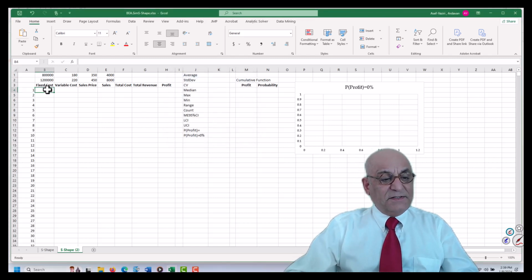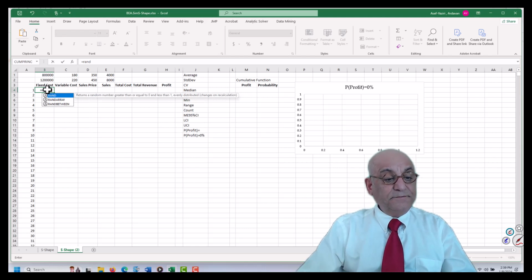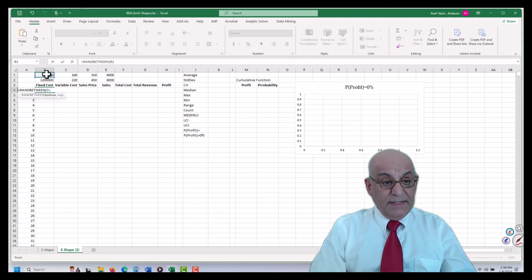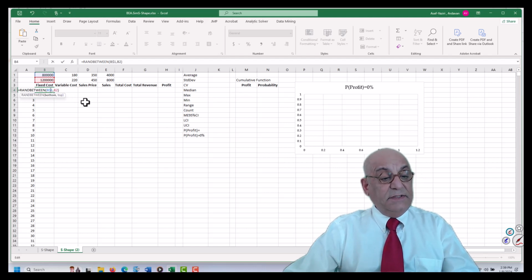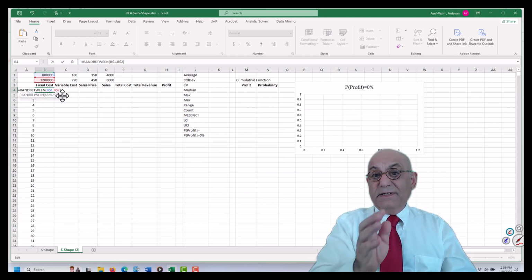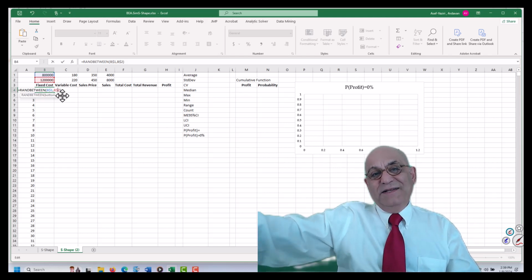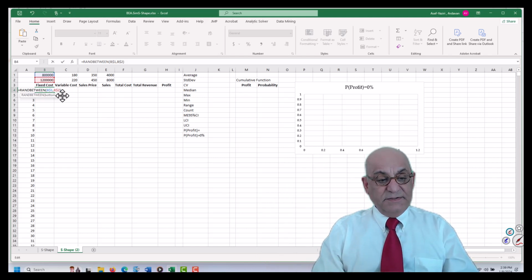So that's it. Fixed cost is equal to RANDBETWEEN 800,000 and 1,200,000. And because I want these numbers to stay fixed, I lock row 1 and row 2, but I leave B as a relative reference because I can then copy to the right for the variable cost and for sales price.